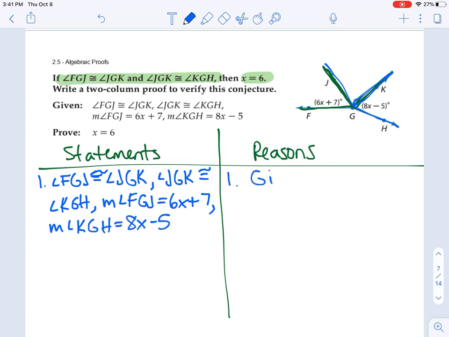That reason, simple enough, is always given because that's what we were given. Now the thing we are trying to prove is that x equals 6. Okay?